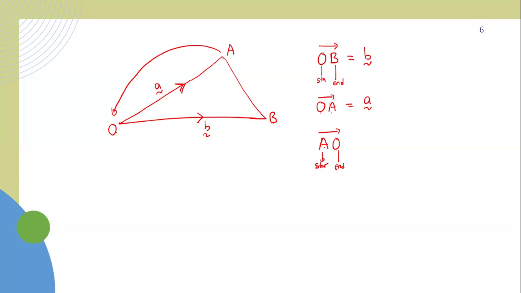What does it mean? It means that you have opposed the initial arrow. Now, to show that you have opposed the initial arrow, always put a negative. That negative shows you that you are moving in the opposite direction to the one of the vector that was given. So A to O will be negative a.